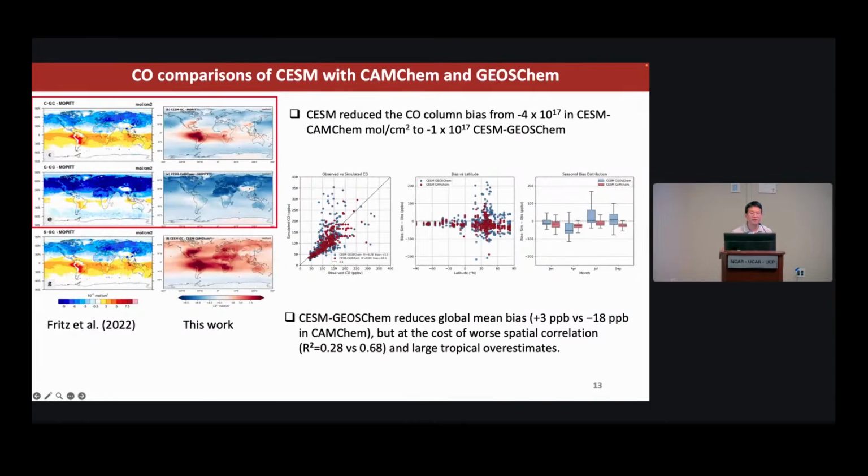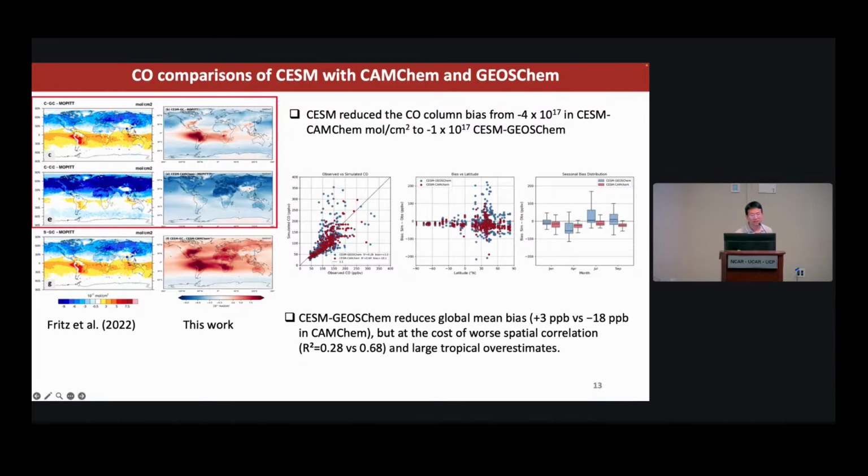We further check whether there is some chemistry related to the CO. Here we compare with the results of Fry in 2022, where they coupled the GEOS-Chem in CESM. As the top left panel shows, the GEOS-Chem in CESM can simulate less bias over the Northern Hemisphere.